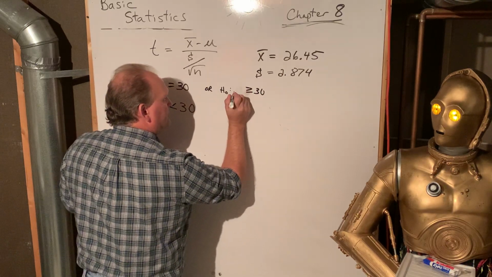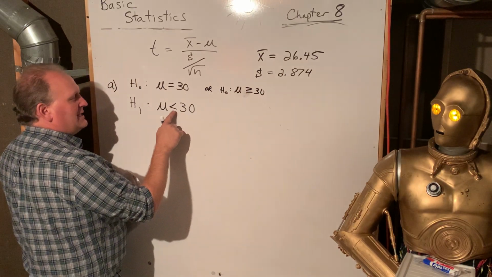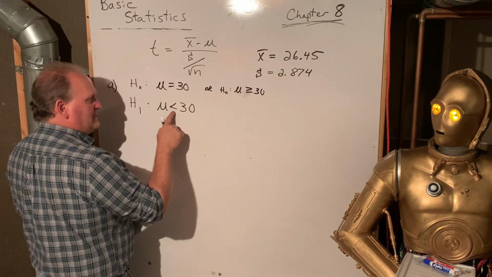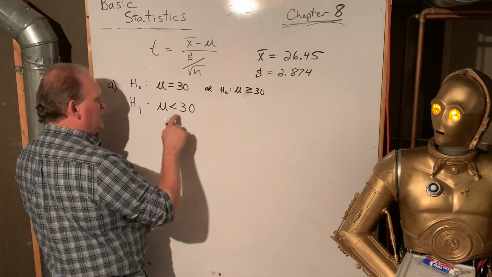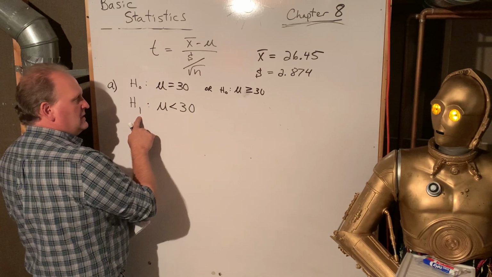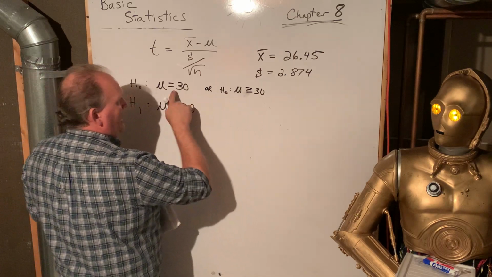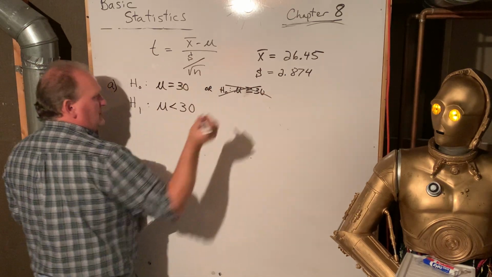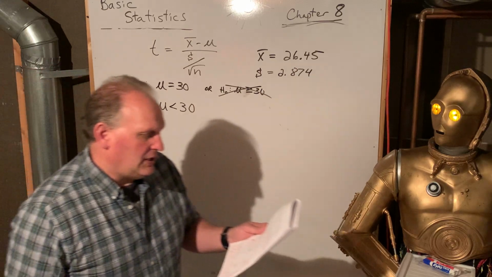But the alternative is always either greater than, less than, or not equal to. You'll never have a greater than or equal to in your alternative hypothesis. All right? I'm usually going to just stick with the equals sign.